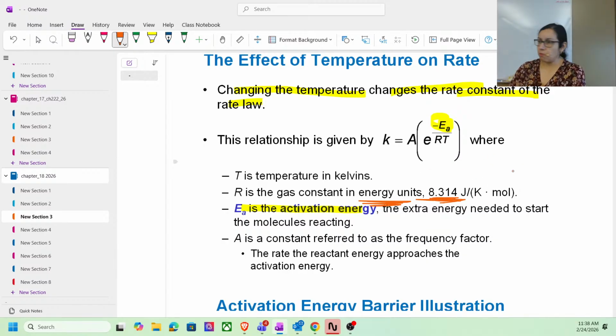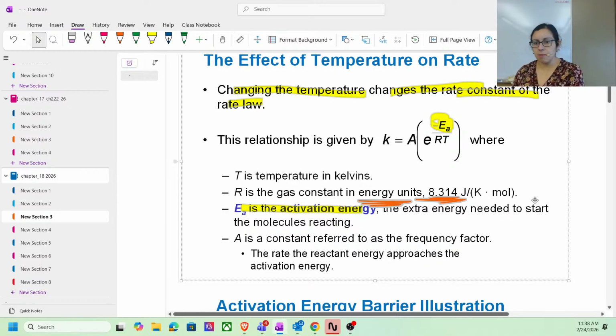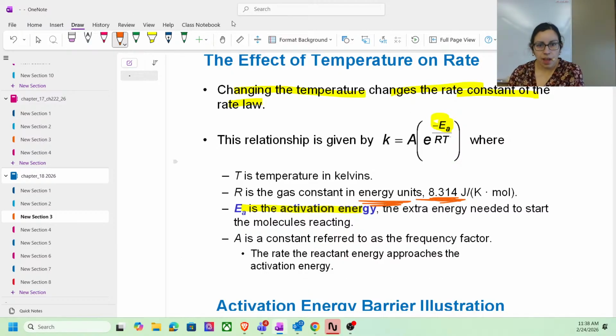So star that. We're using 8.314 joules per Kelvin mole for our Arrhenius equation here, and temperature in Kelvin, as we are hopefully used to using for these different equations.